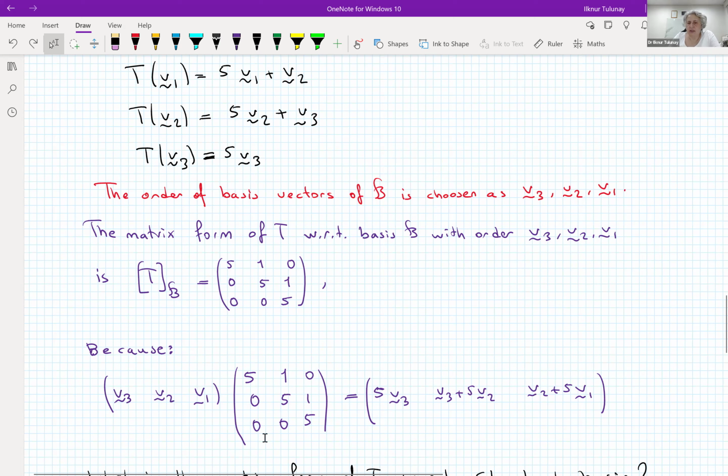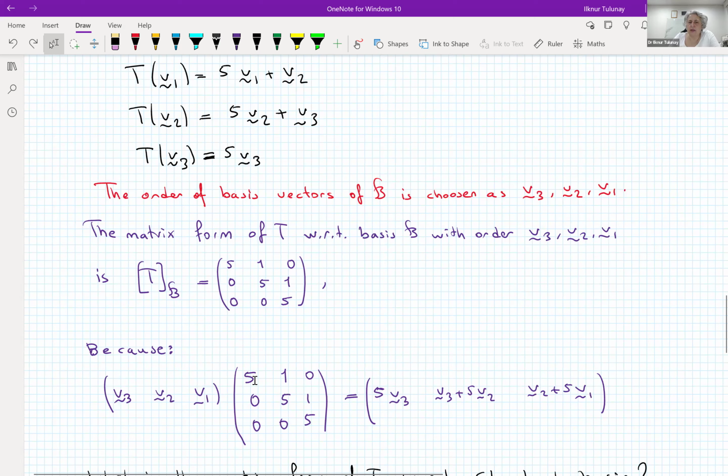So this row with this column will be V3 plus 5 V2, which is this one. And this will give me 5 V1 plus V2. V1 is the last one, so this should be 5, this should be 1, and there's no V3 here, so this should be 0.